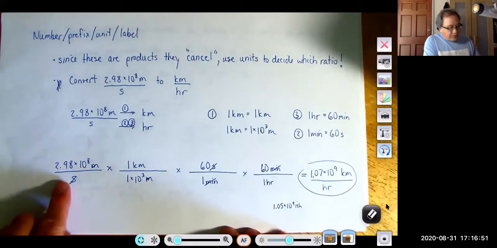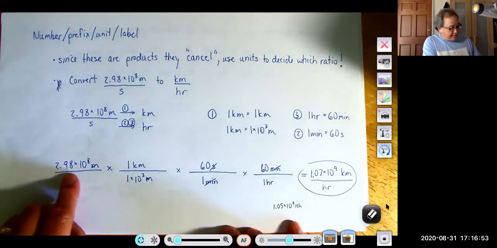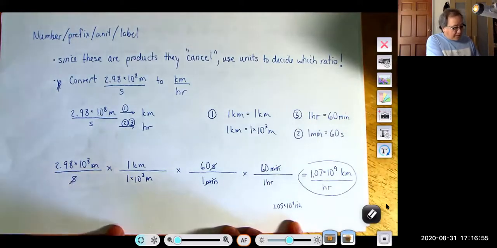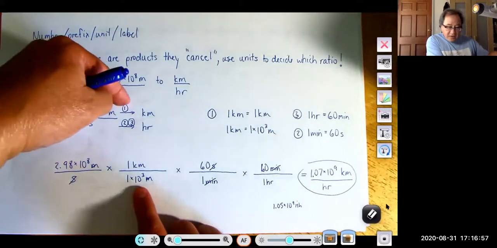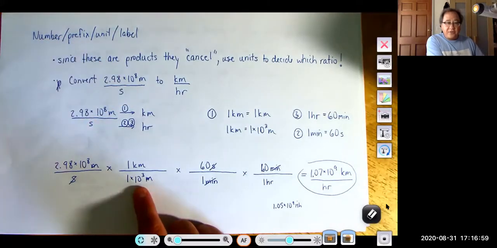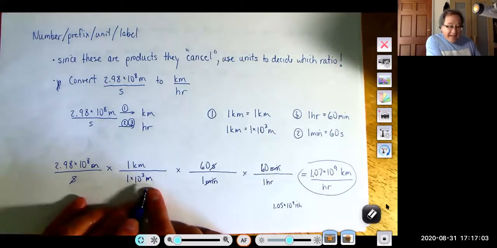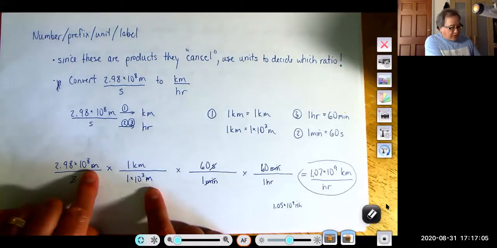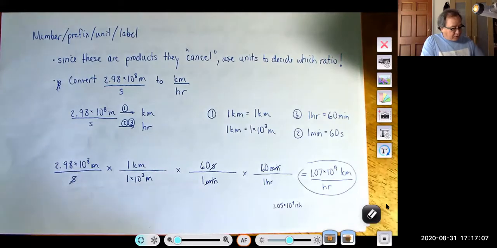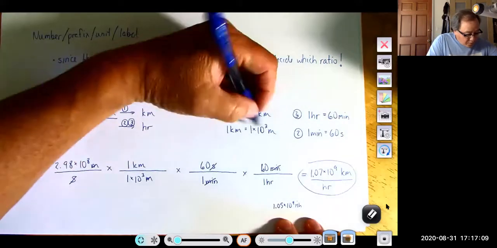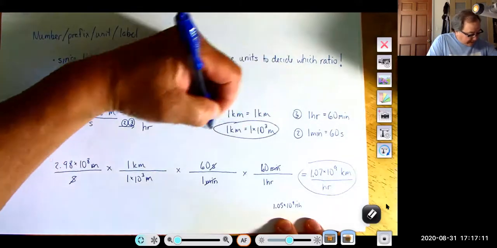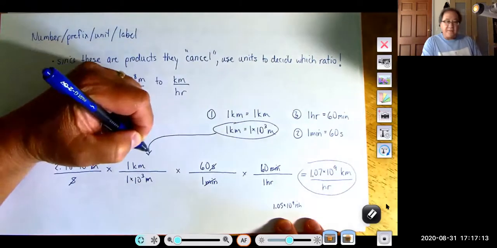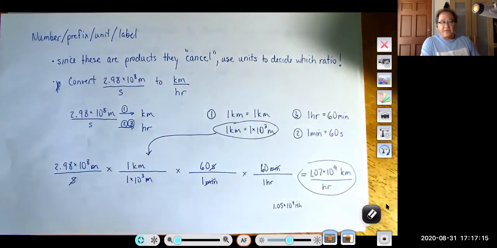So let's take a look. Here we start off with the 2.98 times 10 to the 8 meters per second. I'm going to use my first conversion factor and convert meters into kilometers. So I put the meters on the bottom so that they cancel, and I put kilometers on top. From this conversion here, I decided I wanted meters on the bottom, therefore kilometers had to go on top.